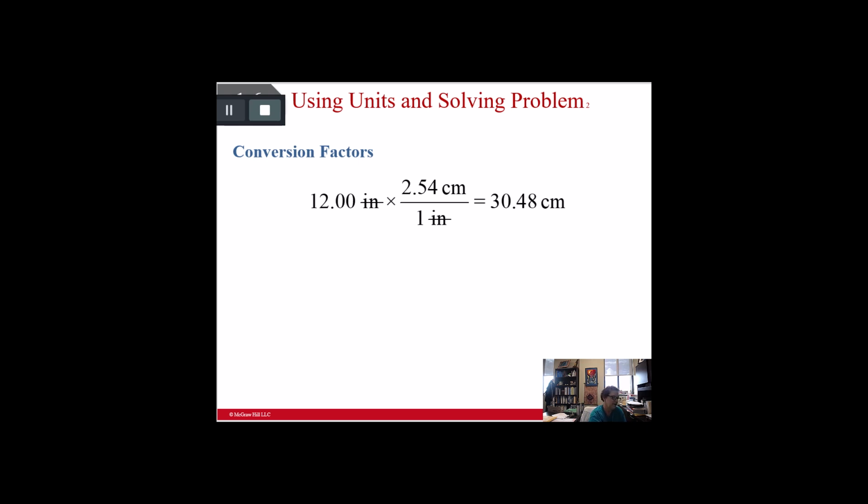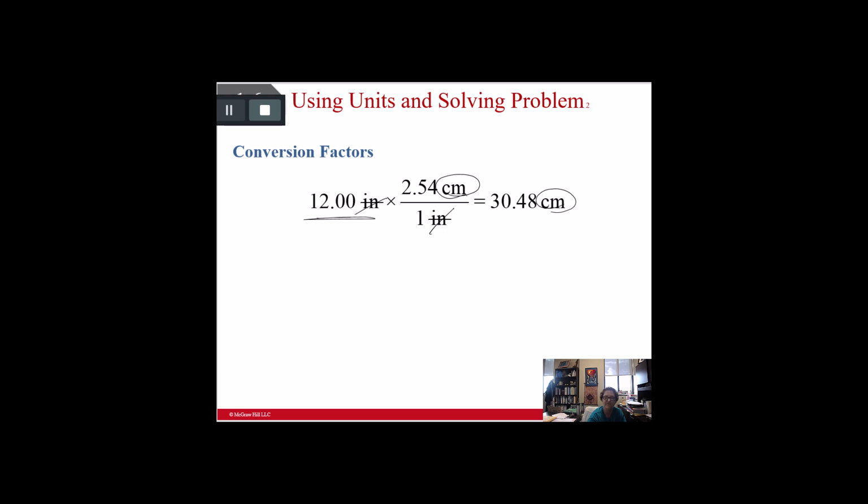We're going to take 12 inches and convert that to centimeters. If I put centimeters on top and inches on the bottom, that gives us inches over inches, and anything divided by itself is 1. So that gets rid of inches and leaves us with centimeters, which is what we want in our final answer.